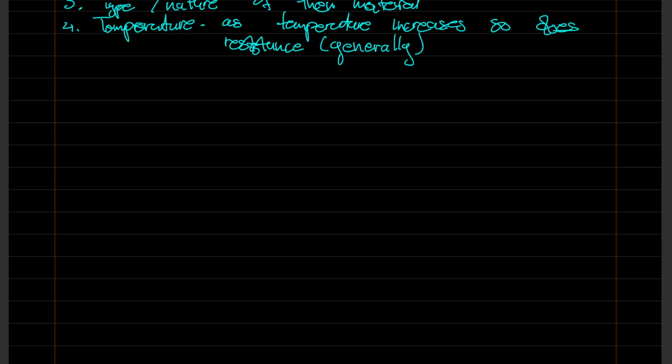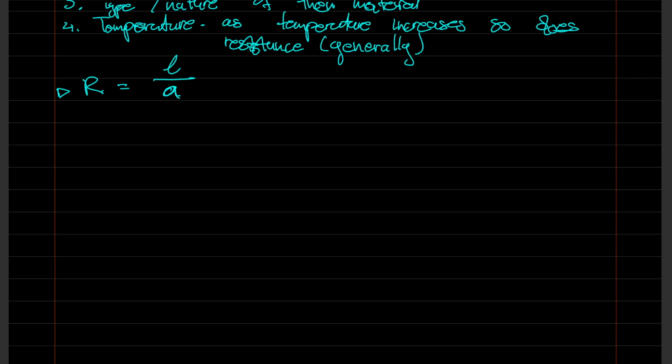So therefore, for a certain material at a certain temperature, our resistance R would be proportional to the length over area. Now we're going to do a lot of maths.